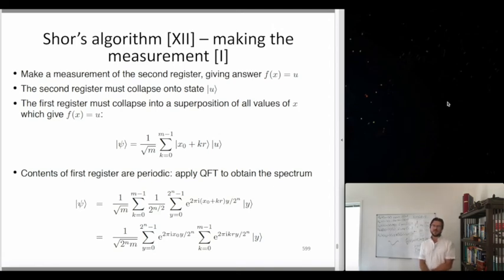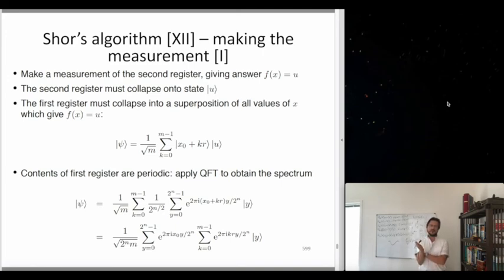So making the measurement on the second register gives the answer now that f of x equals u. So whatever that u is, that second register must collapse onto the state u, and the first register must collapse into a superposition of all values which give f of x equals u, right? Because these are correlated.